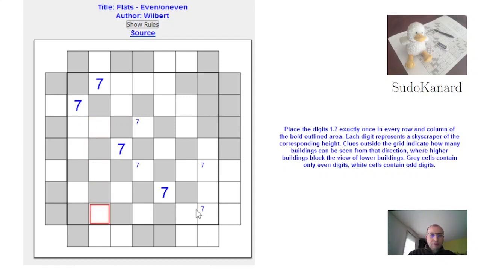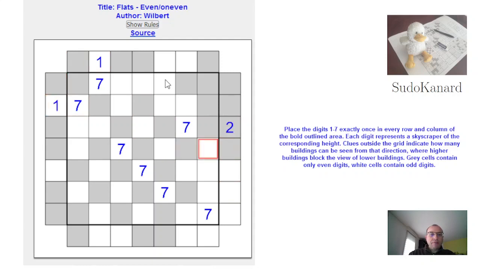Now on this row, 7 has to be here. And on this column, I didn't address this column. 7 could still be here, but 7 here would put a 2 there. That doesn't work. So 7 is here and 7 is there. So all 7s have been placed, and we can see that those clues are 1s.